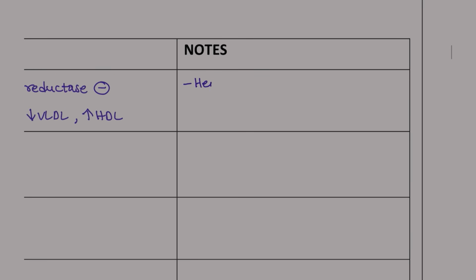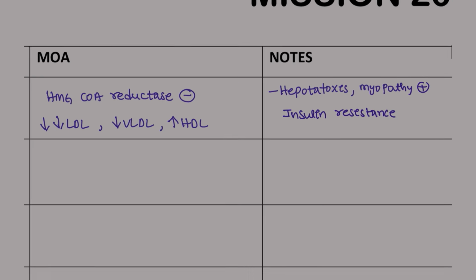But these drugs are highly hepatotoxic, and can cause severe myopathy. One of the causes of myopathy will be statin drugs, and over time it can also increase insulin resistance. If you are giving it to heart patients who are not diabetic, they can develop diabetes mellitus in the future.